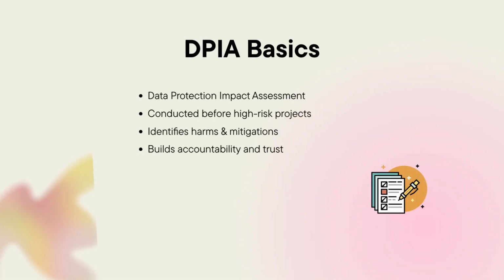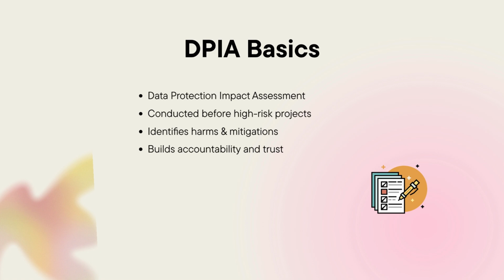DPIA basics. A Data Protection Impact Assessment, or DPIA, is a structured review carried out before beginning projects that process personal data. Its purpose is to identify privacy risks, evaluate the potential harms, and plan safeguards before problems occur. Regulations like GDPR require DPIAs for high-risk processing, such as monitoring individuals at scale or handling biometric data.